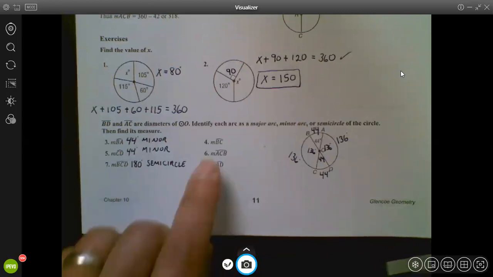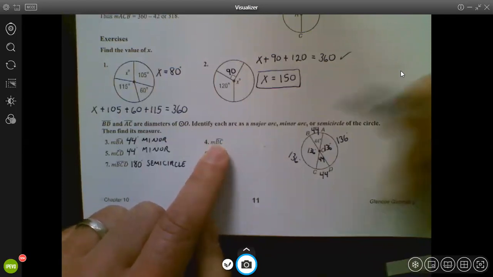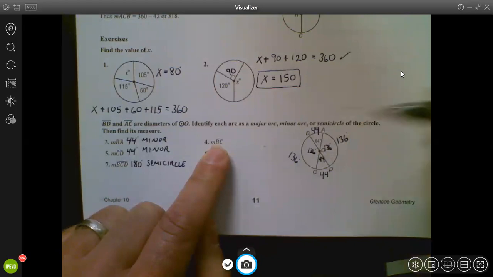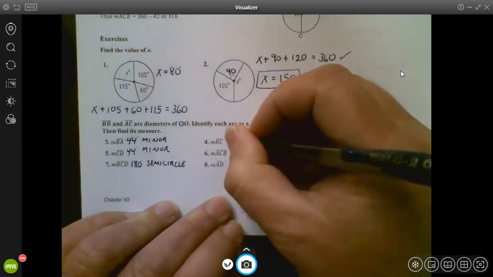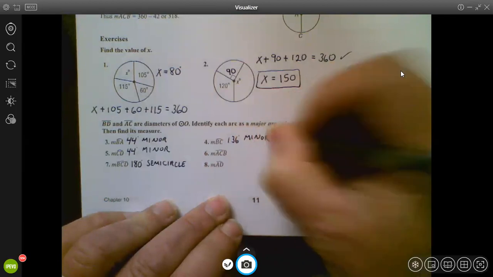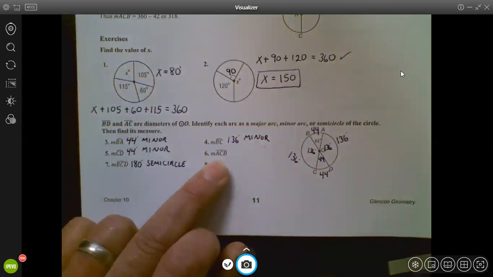So let's look at this one. I'm already expecting this to be a minor arc because they've only used 2 letters. So we want to take the short route from B to C. And we already identified that that's 136 degrees, which is a minor arc. So ACB, and again, I'm expecting this to be a major arc or a semicircle because they use 3 letters.